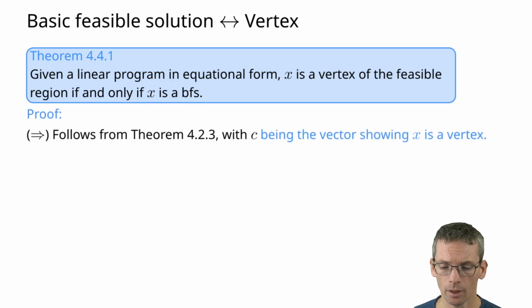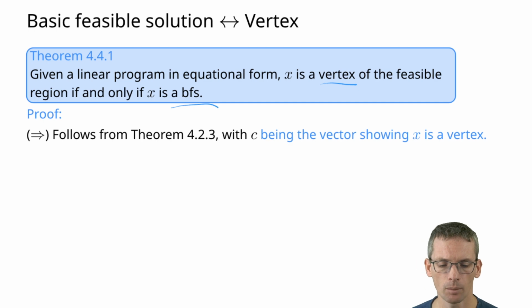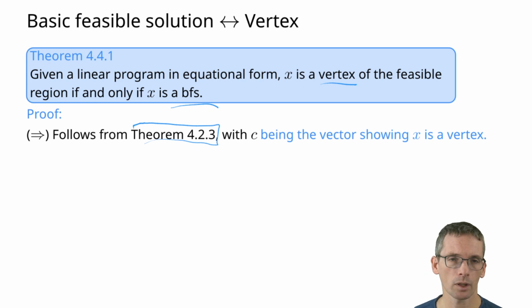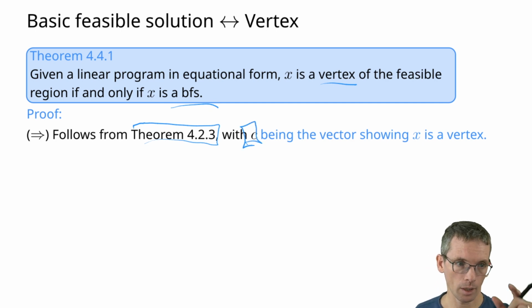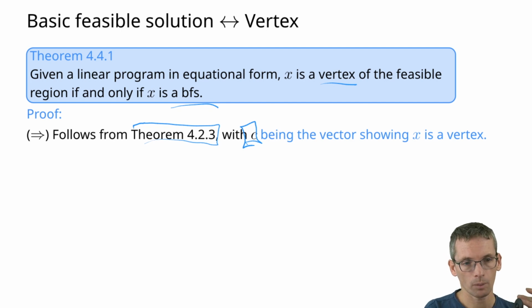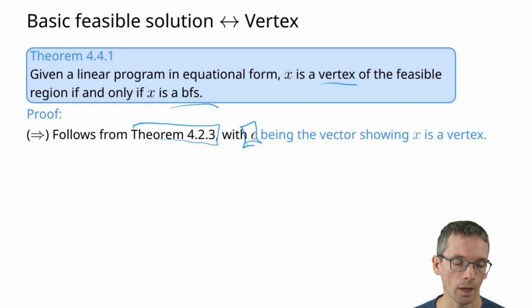The fact that the vertex is also a basic feasible solution follows now already from this theorem 4.2.3, which said that if there's an optimum, then there's also an optimum basic feasible solution. But we know that we can define a vertex by a C, and having that vertex as the unique optimum for that C, and this means that this vertex already has to be also a basic feasible solution.